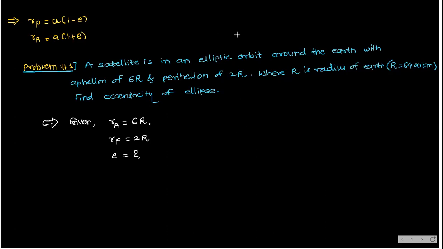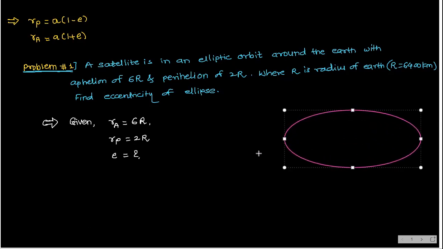So basically, if we see this side, as this is a satellite, what is at the foci? Tell me, Earth or Sun? Earth. Very good.